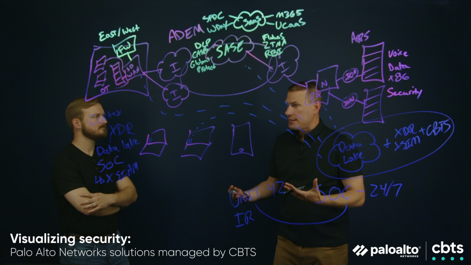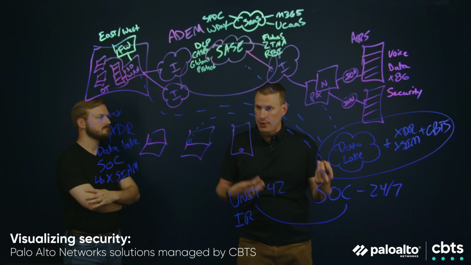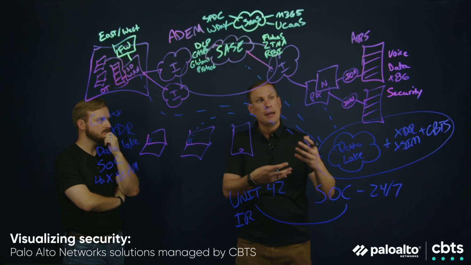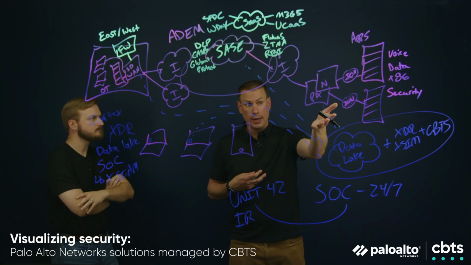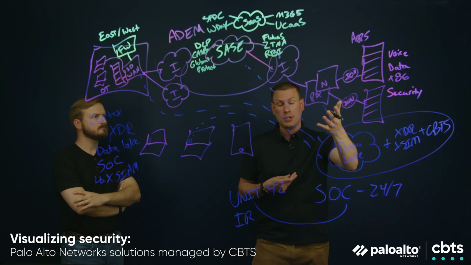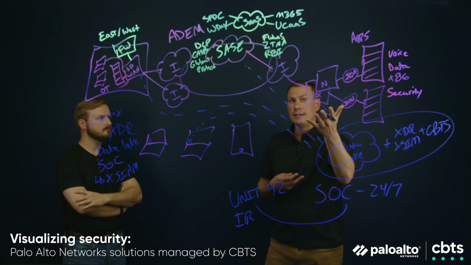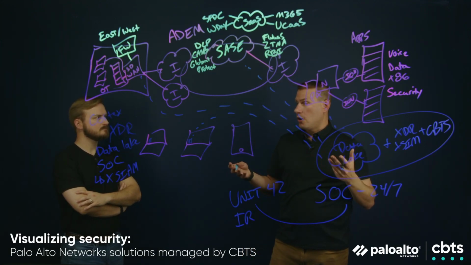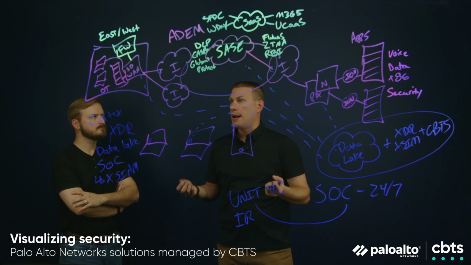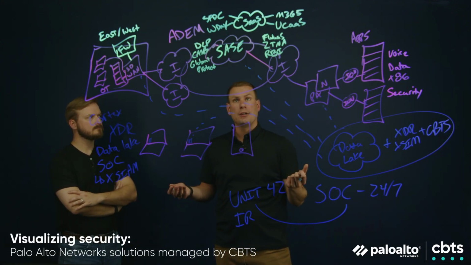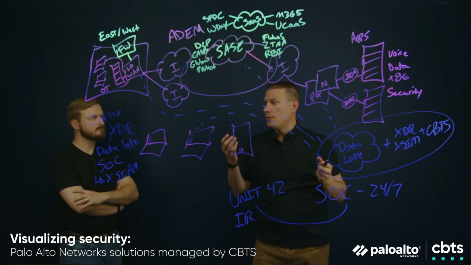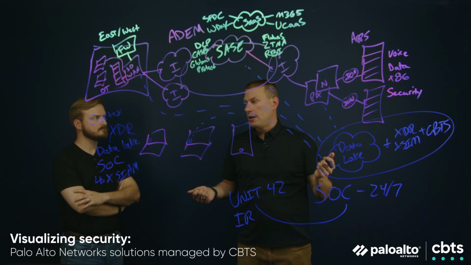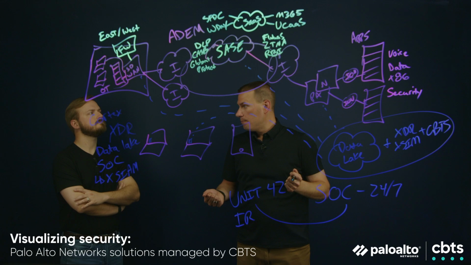And so when CBTS gets involved with Palo Alto and with our customers, we have the ability to help secure their data center by selling, deploying through one-time professional services, as well as managing, head-end data center Palo Alto firewalls. We have the ability to sell, install, and manage Palo Alto SD-WAN IONs at branches and data centers. We have the ability to help configure, sell, implement, and manage the Palo Alto Prisma SASE platform.